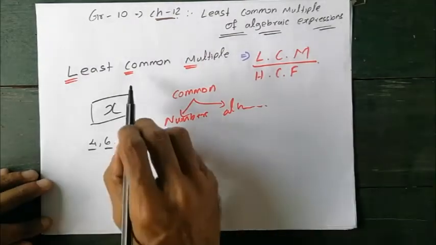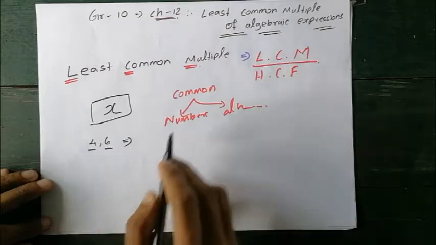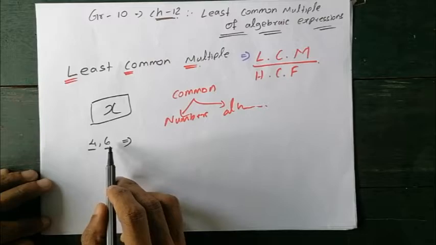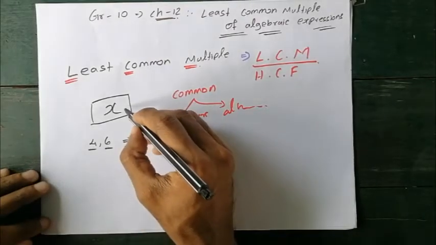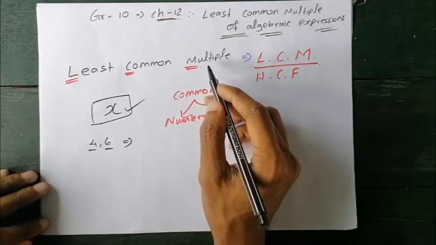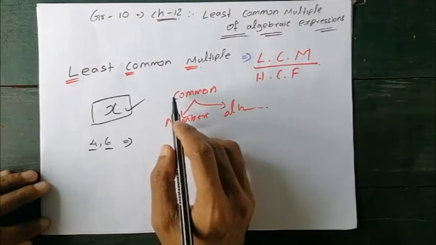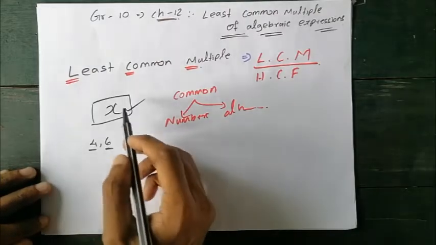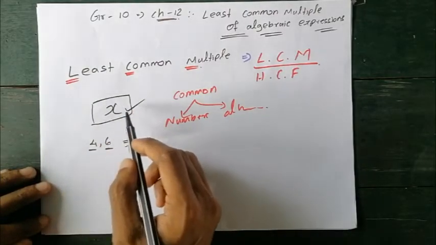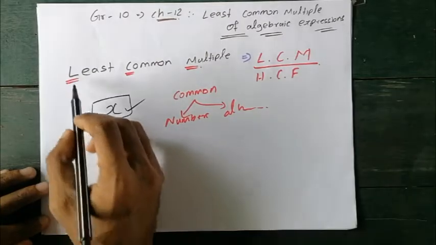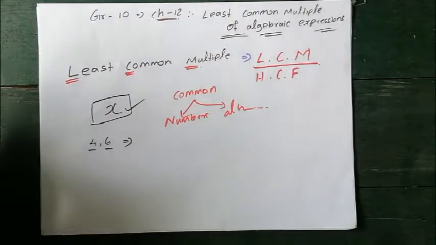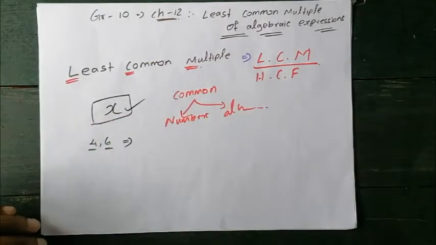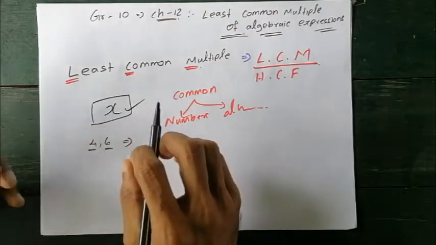So that means common multiple. 4 and 6 are the values you have been given. So you find a common multiple which can be divided by 4 and 6. The value you are going to find is the least value, the smallest value. From the least value you can take the other values also.